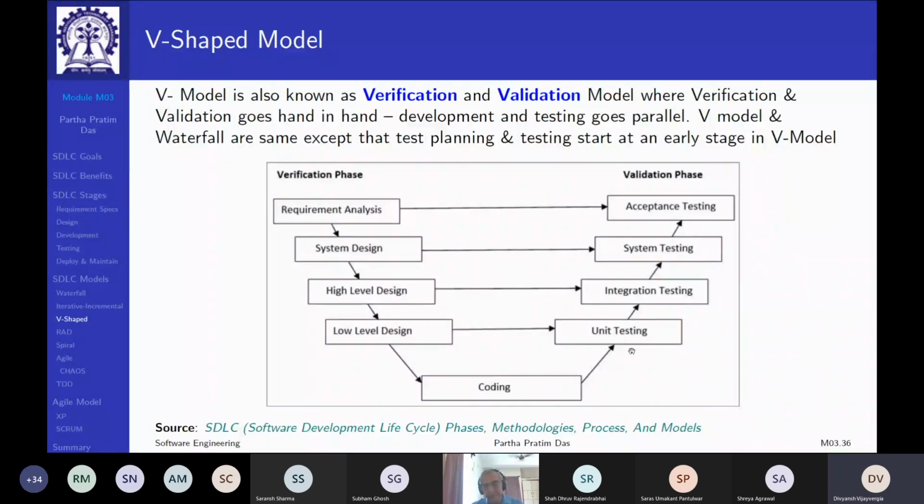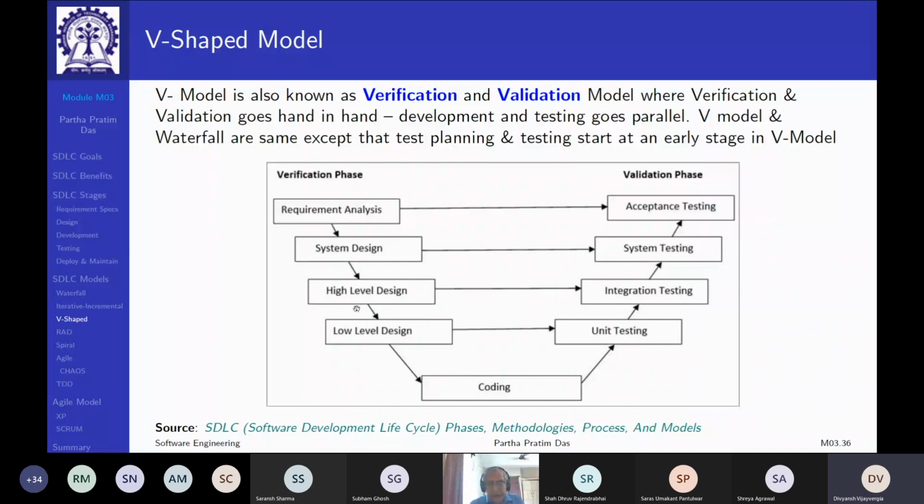And if you look at the path up in the validation phase, you have varied kinds of testing, going from a very simple unit level testing to integrating different modules, then integrating at a system level, and finally the user acceptance testing. Okay. So these arrows tell you the path around.